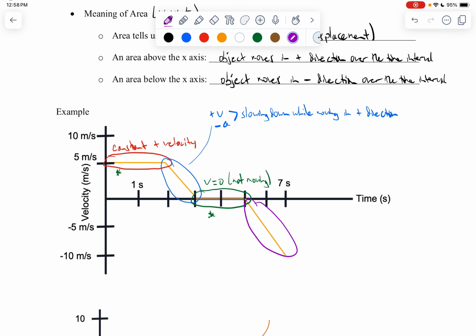And then our last section here, we're going to be below the x-axis, so we have a negative velocity. We also are going to have a negative slope, which means we have a negative acceleration. So those two together, negative acceleration while moving in the negative direction, means we're speeding up. Our velocity is going from 0 up to -5, up to -10. So we're going to be speeding up while moving in the negative direction.